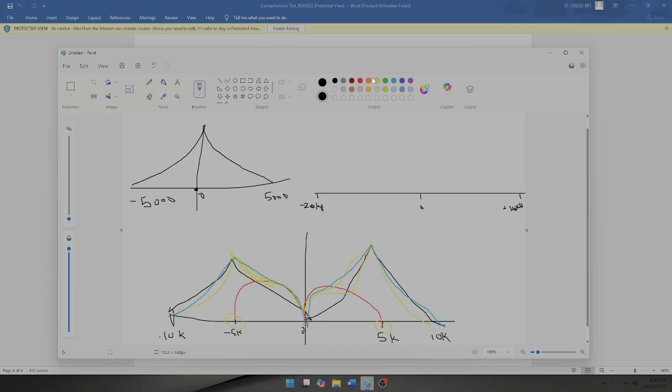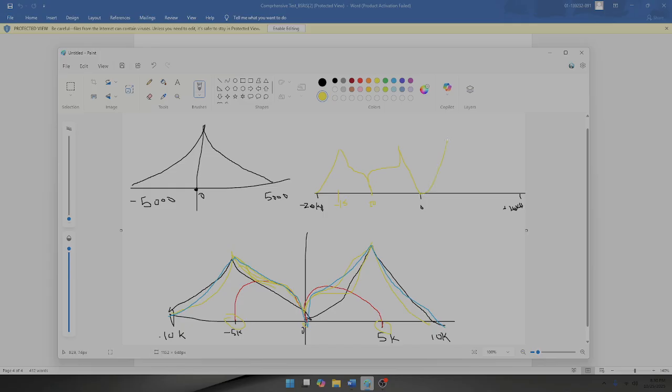If we draw this, it's going to be like this. This is at minus 15 kilohertz. It goes down like this, at this is minus 10k. It goes up, it goes down like this, and this is again mirrored.